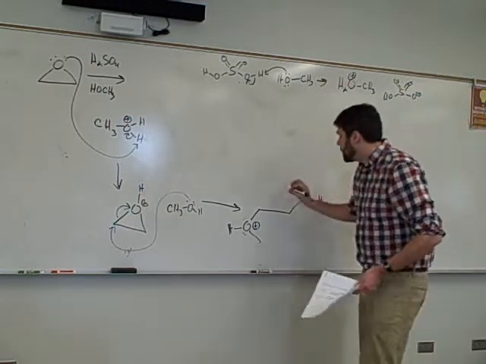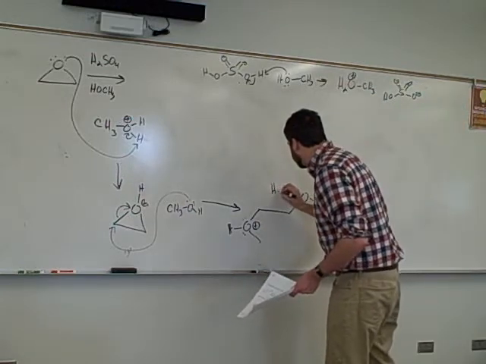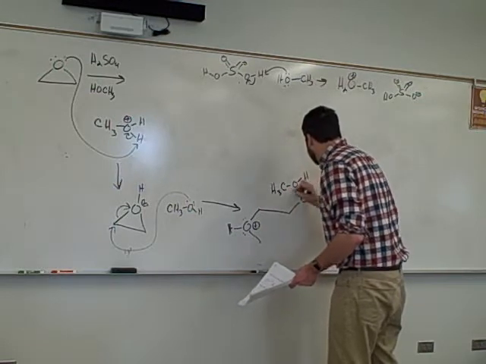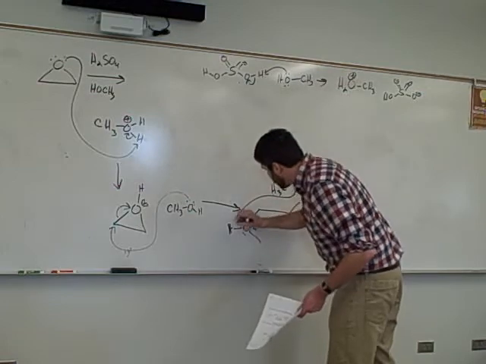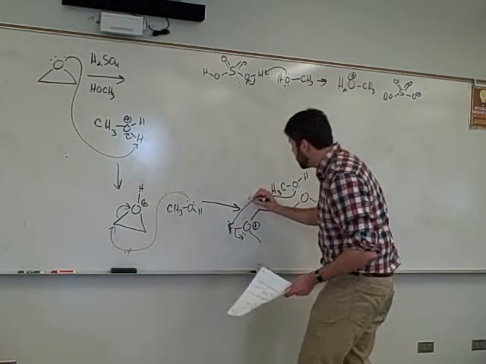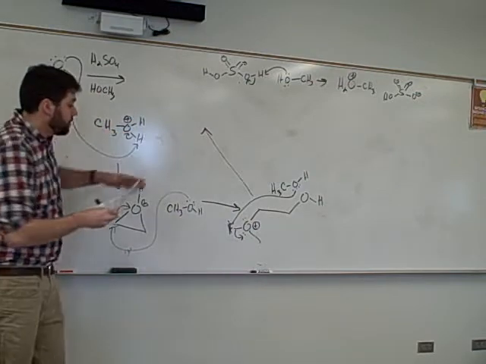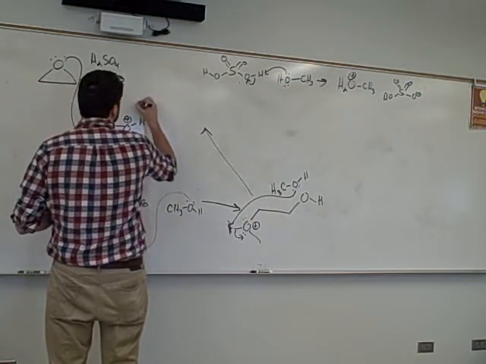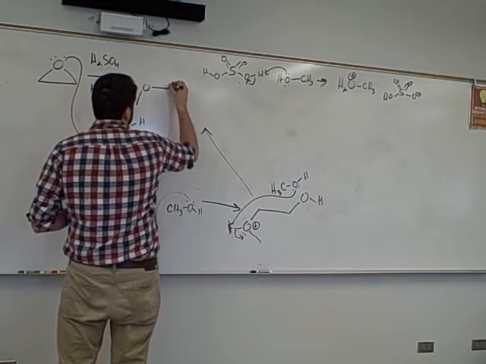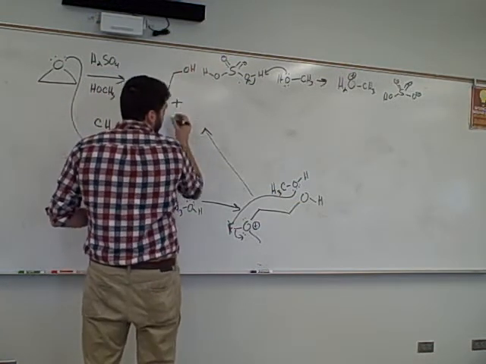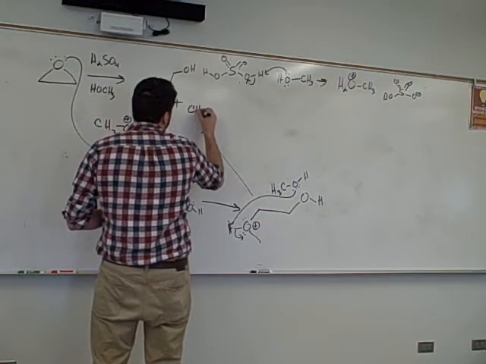So I'm going to go ahead and use another equivalent of methanol here to pull off this proton, giving us our deprotonated ether product plus an equivalent of protonated methanol.